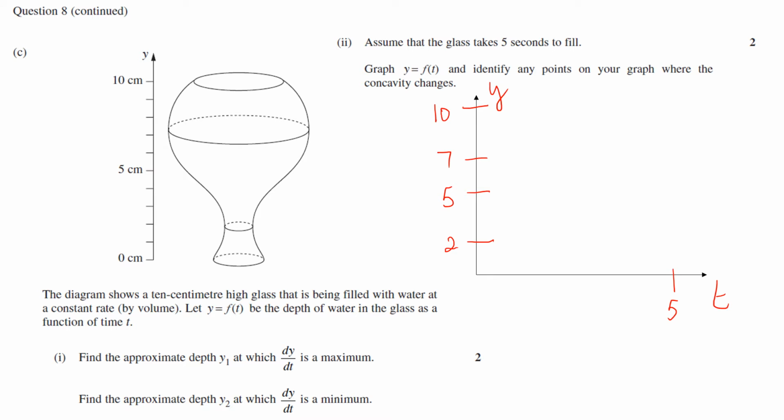We're not going to know the times when those two things happen, but that's all right. So we've got an increasing rate of change here, then it starts to slow down, and then it increases again until it's full. So this is T1 and T2.